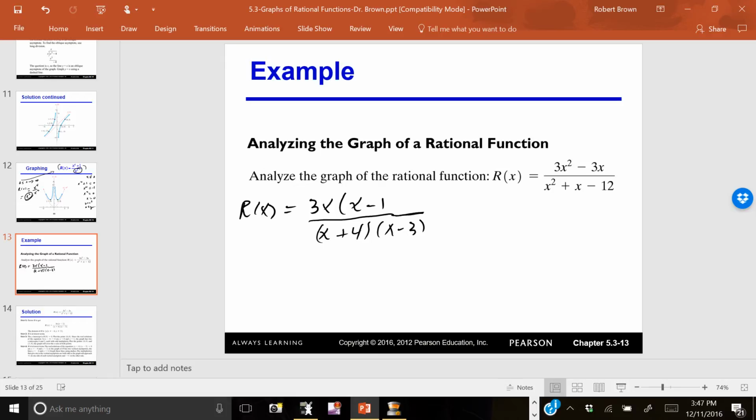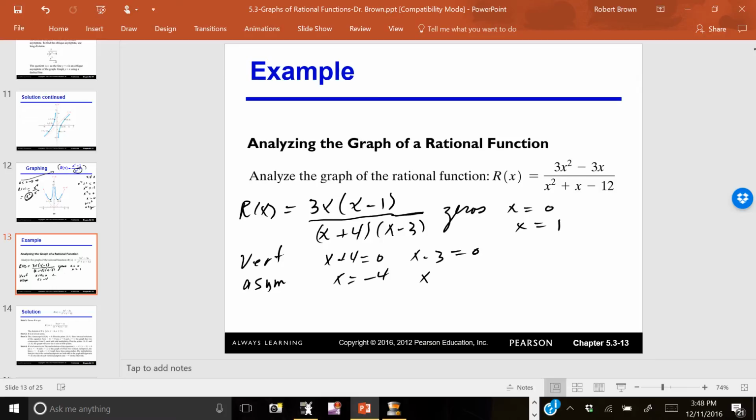Notice that none of the factors cancel one another, and the zeros are x equals 0, x equals 1. Vertical asymptotes are x plus 4 equals 0, which leads to x equals minus 4, and x minus 3 equals 0, which leads to x equals 3 as a vertical asymptote.